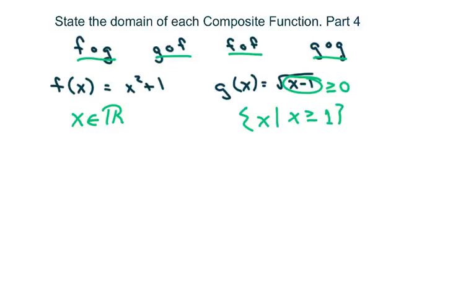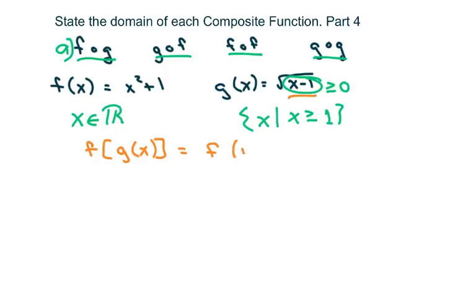Now, let's start with this first one. This is a, and we're going to do f of g. So we've got f of g of x, which equals f, and you plug in your g.